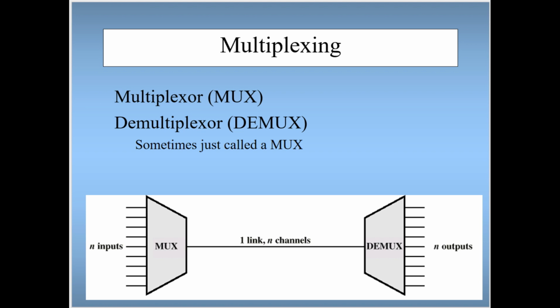Each signal is assigned a different time slot. This one is for TDM, time division multiplexing. And FDM, frequency division multiplexing. Each signal is assigned a different frequency band.